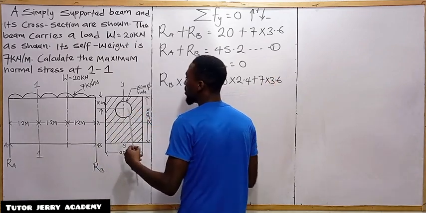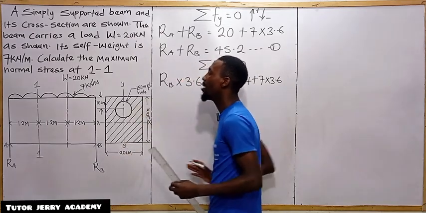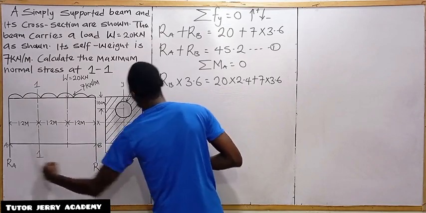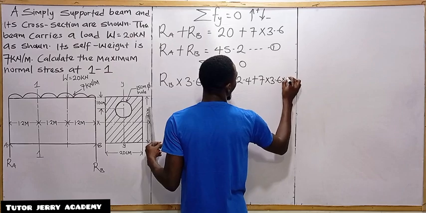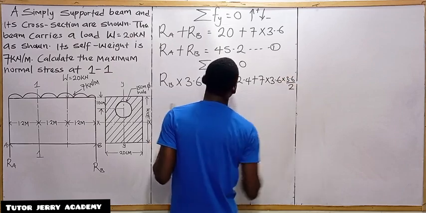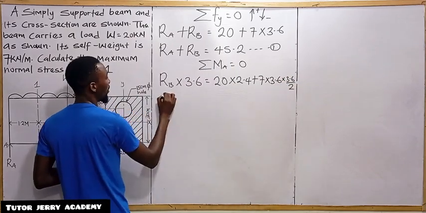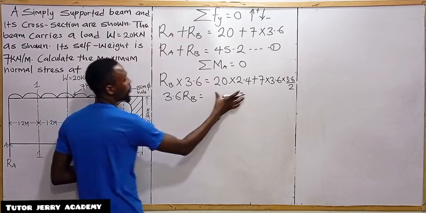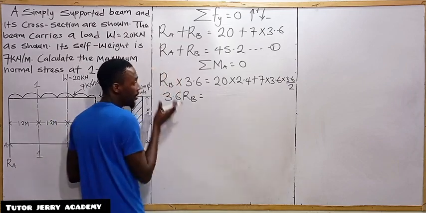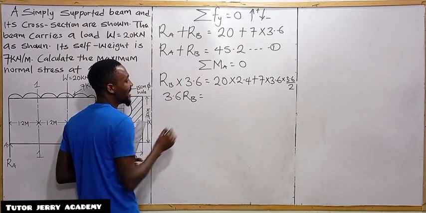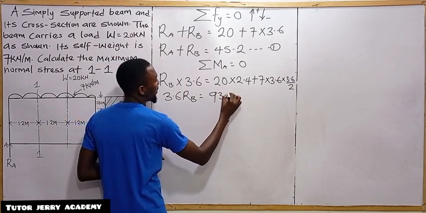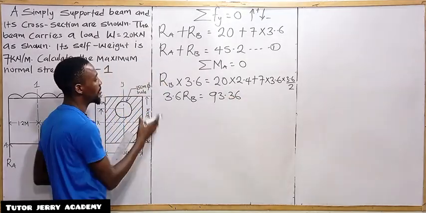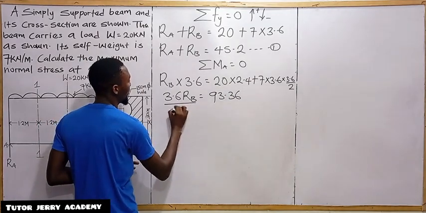Then don't forget, it acts at half of the distance it covers towards point A, so it's multiplied by 3.6 divided by 2. If we do this, we have 3.6 RB equal to, if you sum everything together, 93.36.